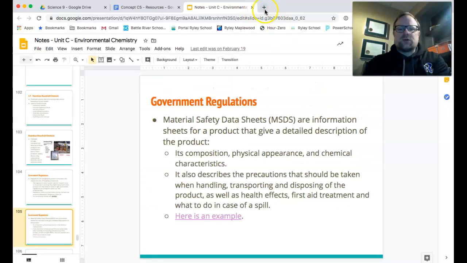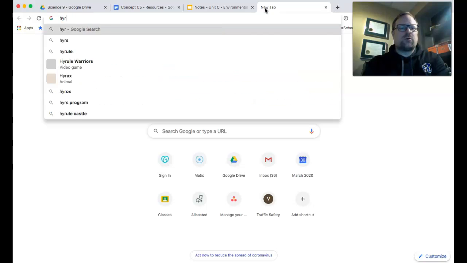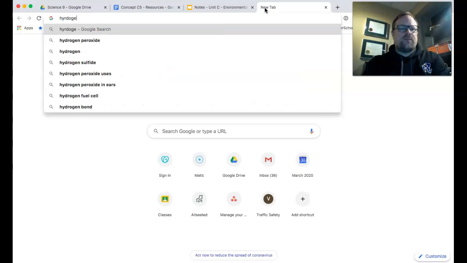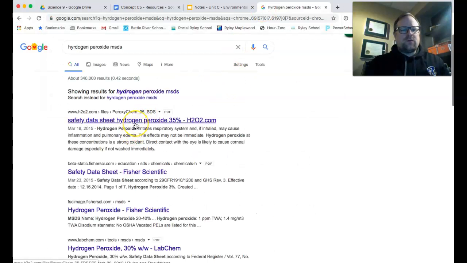So let me sort of show you that. We'll go into Google here and I will do, I don't know, hydrogen peroxide. Hydrogen peroxide MSDS, right? Type it in, and then you've got your material safety data sheet for, now this is 35% hydrogen peroxide. That's the stuff that they use in hair salons to bleach hair, which is much nastier than the hydrogen peroxide down here, which is 3%.